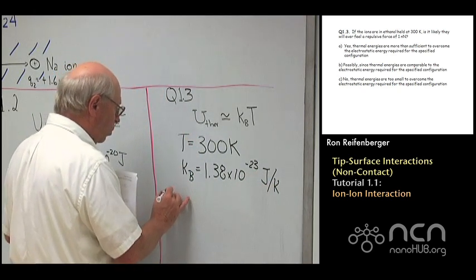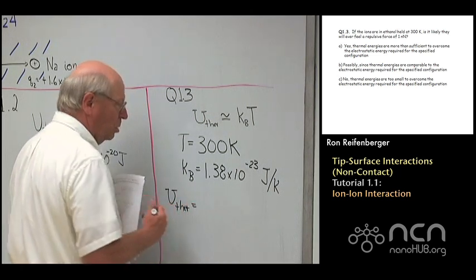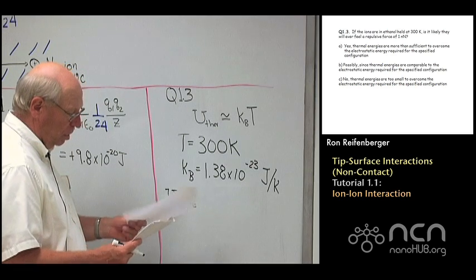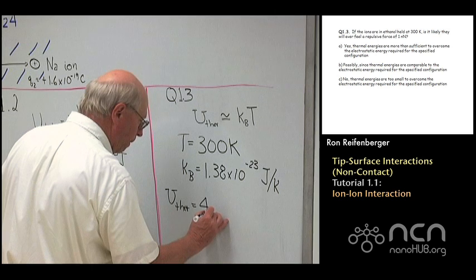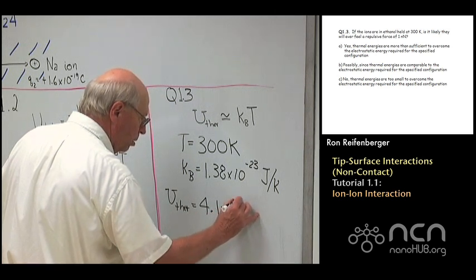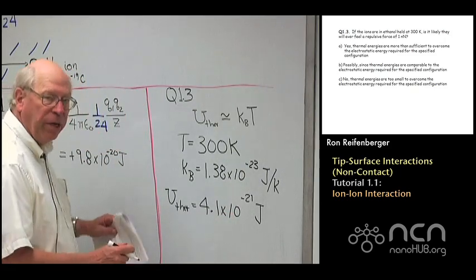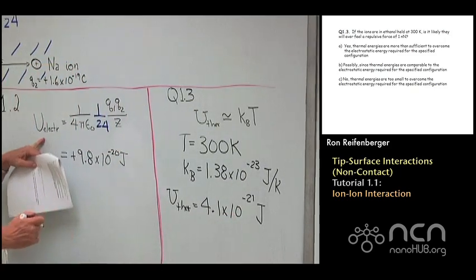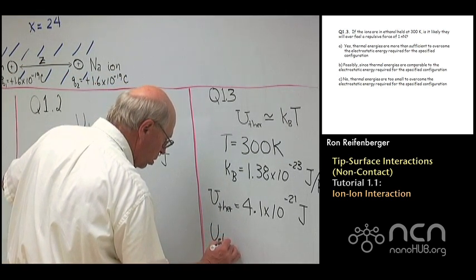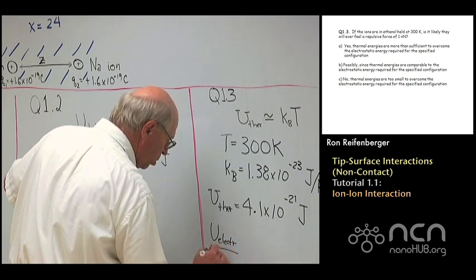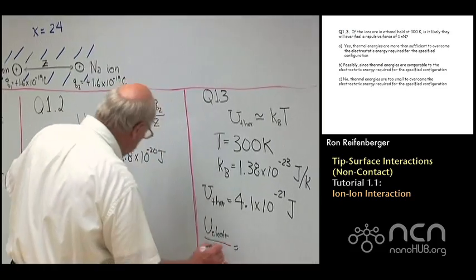So to evaluate the thermal energy, I just have to multiply these two quantities together. And when I do that, I get about 4.1 times 10 to the minus 21 joules. So now we can form the ratio of the electrostatic potential energy to the thermal energy.